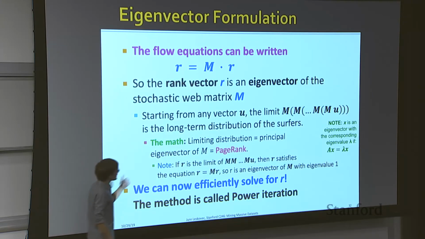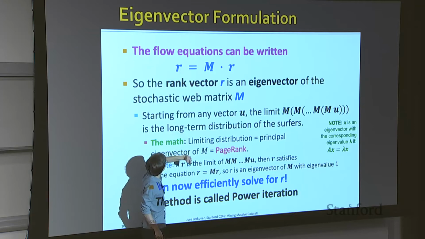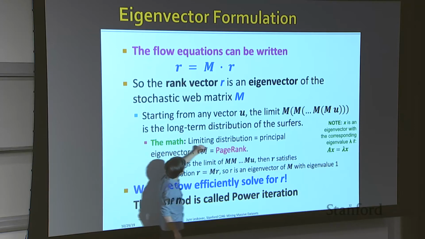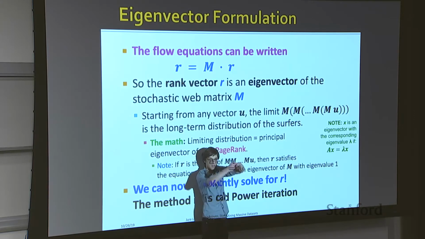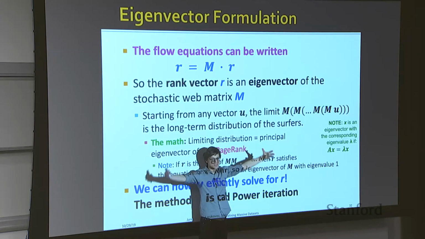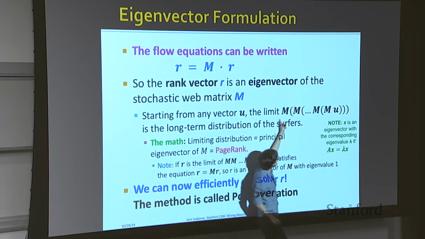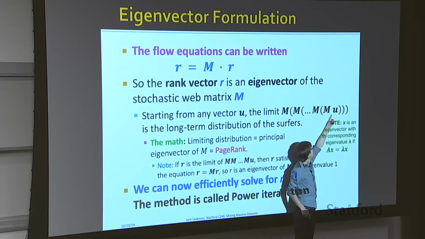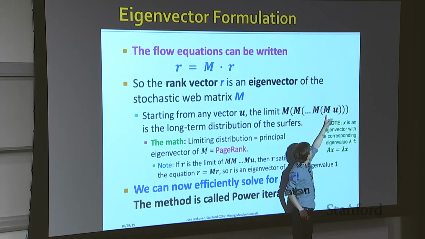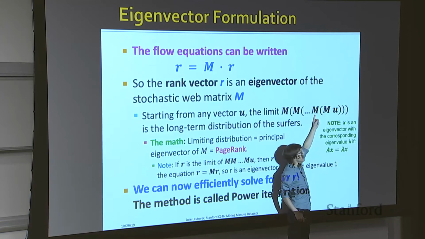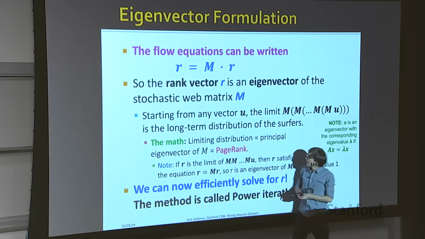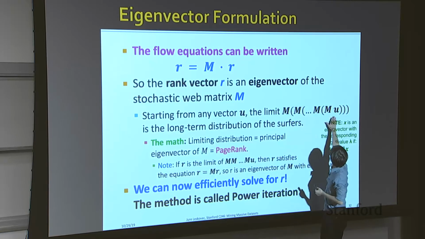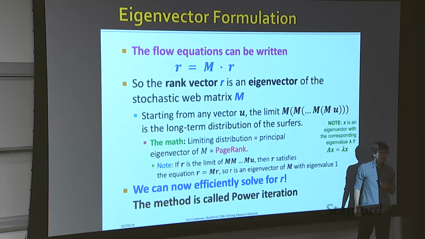Given the random walk explanation, what this means is that we can start with any vector u, any distribution where the random walker starts the walk. If we iterate long enough, we take u multiplied by M, get a new u, multiplied by M again, and again, we will converge to a stationary vector.